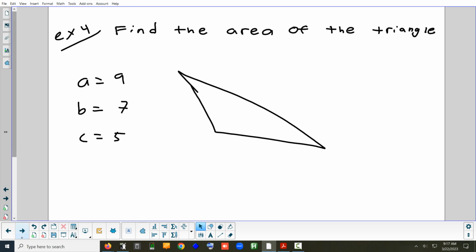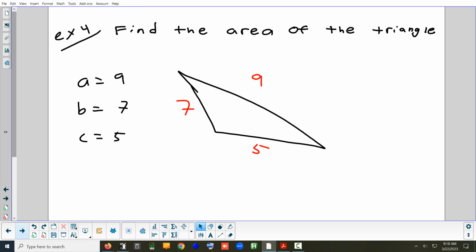Now, what if I gave you one like this? Don't write it down yet. Are you given the information there that you would need to use the formula that I just showed you? No, you are not given the information you need. So what are you missing then? An angle.